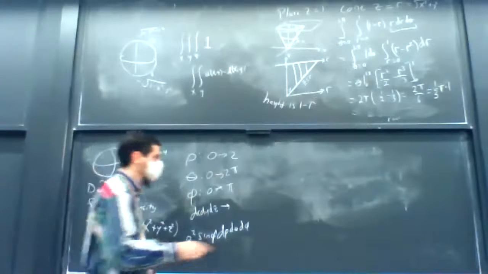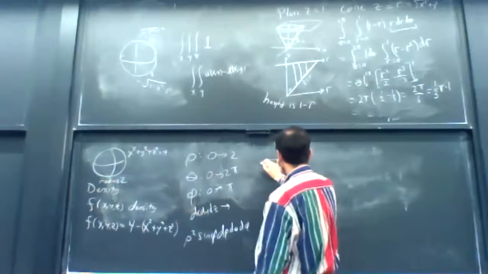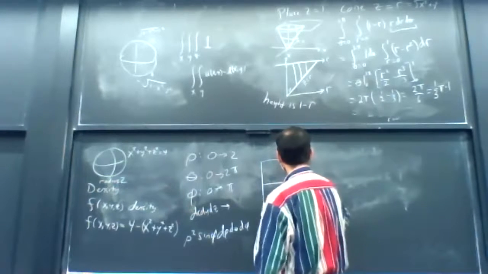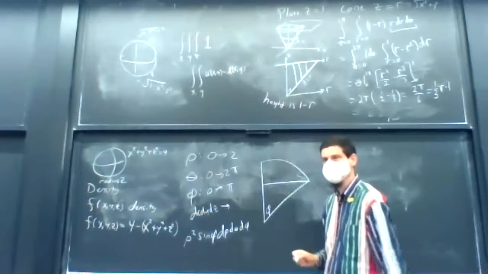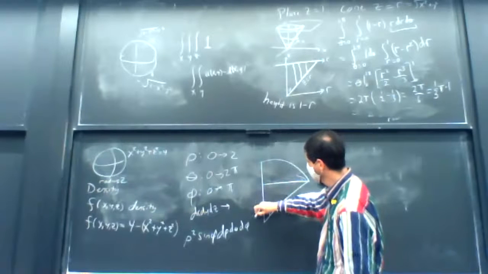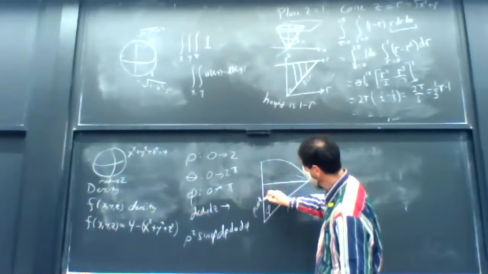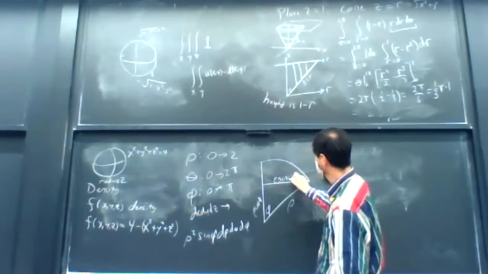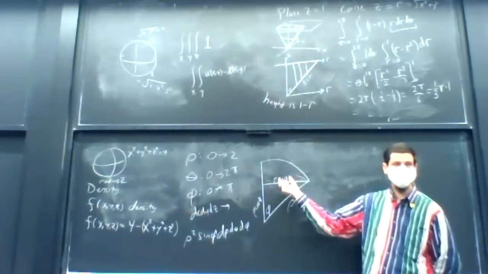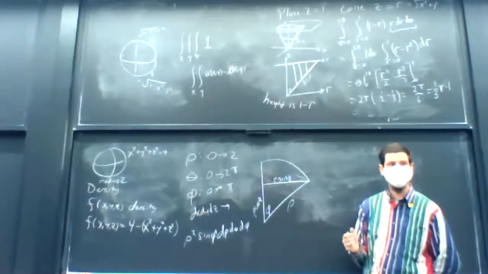The other hint is that when we're doing things in spherical coordinates, I come down phi and I have my circle coming out like this. So if this is rho, this is going to be rho cosine phi, this is going to be rho sine phi. So when I'm doing polar coordinates into here, the radius is rho sine phi.